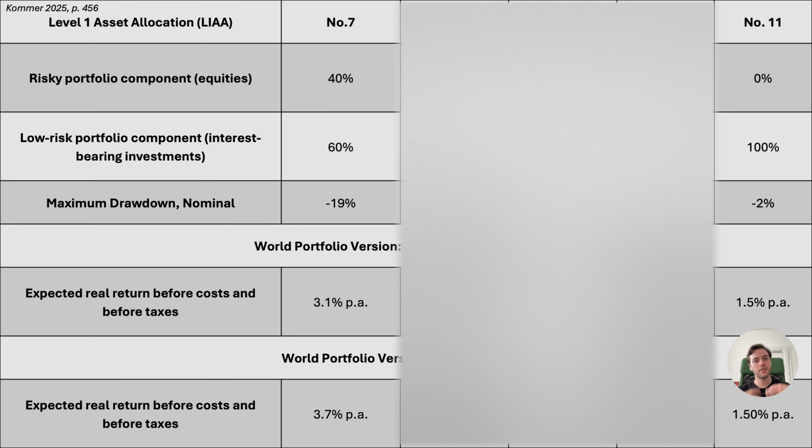So think about your own appetite for risk, your own financial situation. And if you think the maximum drawdown of the 100% risky portfolio is too much, think about the maximum drawdown you are able to withstand and choose your portfolio asset allocation accordingly.